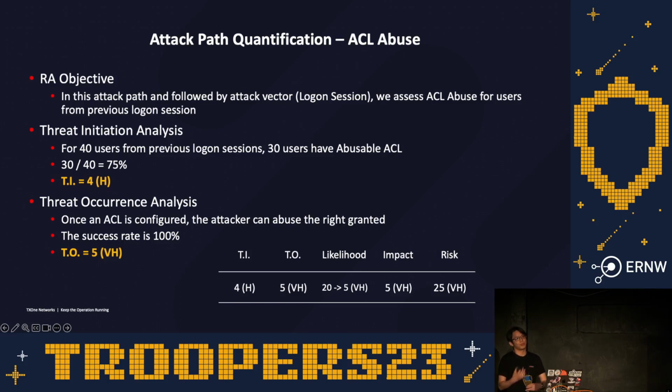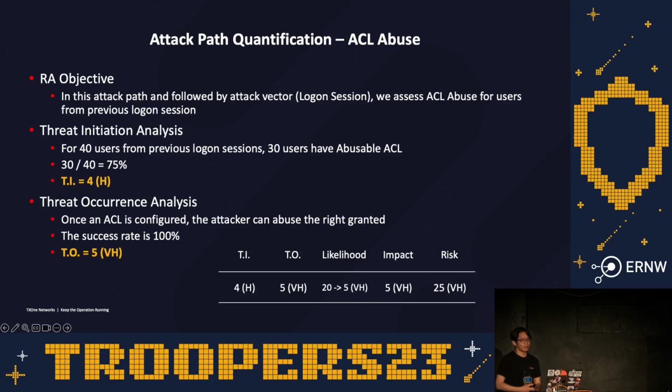So for example, if a cycle is configured, the likelihood will be different if we can minus the predisposing conditions. So in this example, we have the likelihood is 20, and it's converted to the quantified value is 5, and the level is very high.